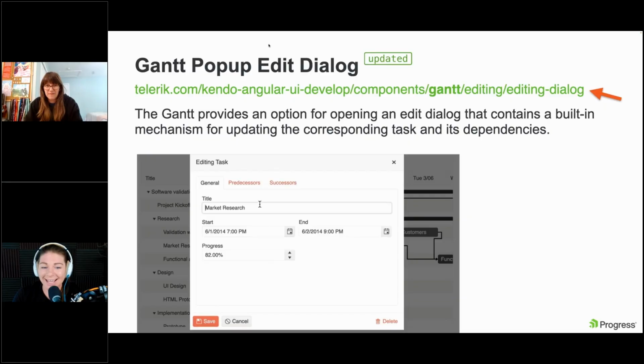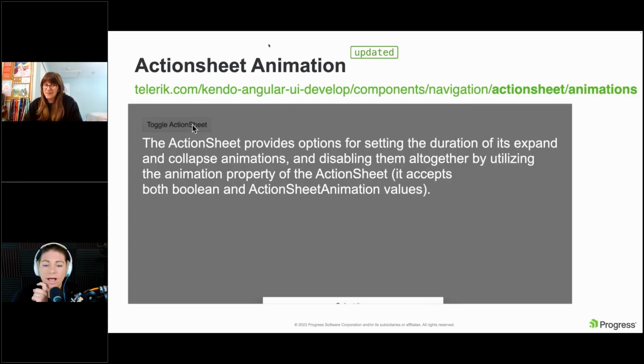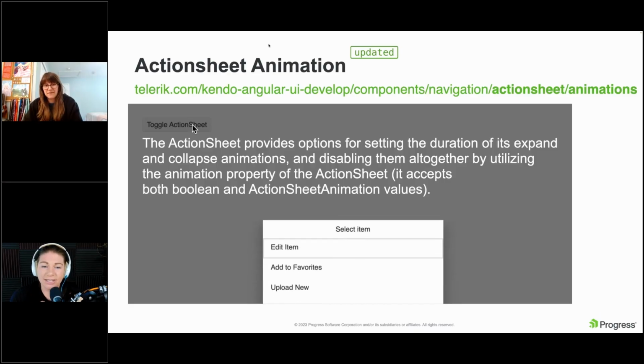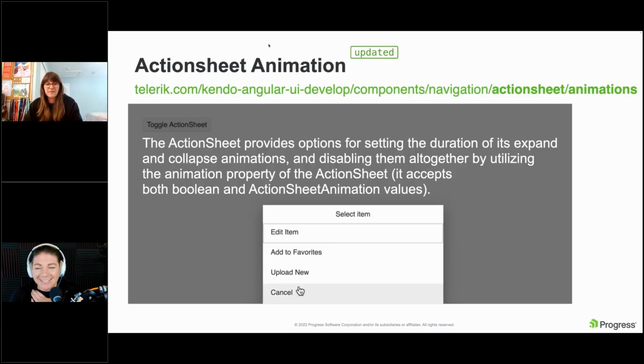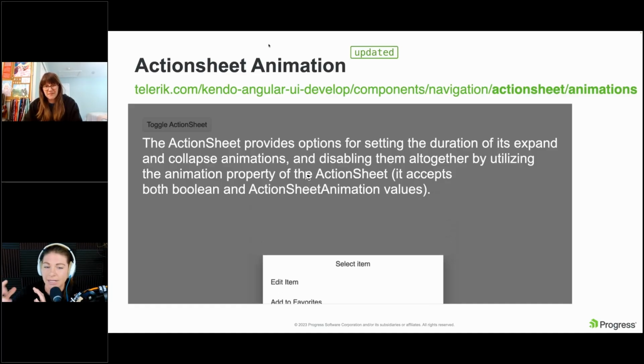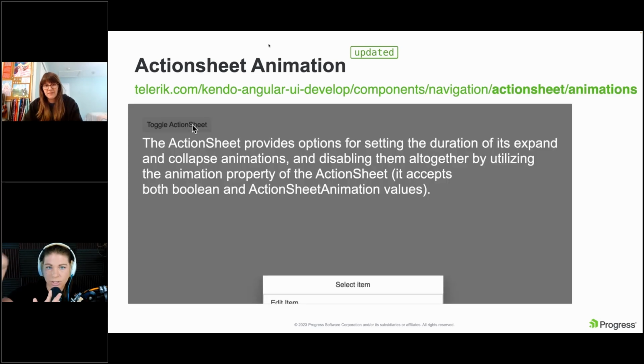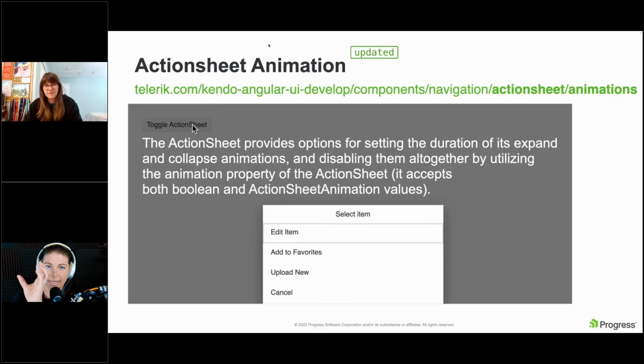Next, the action sheet animation. I think I actually made a GIF movie. There we go. So this is very exaggerated, as you can tell, but it now provides a way for you to set an animation whenever it is opening or collapsing. And actually, I tested it, and if you click out of it, on the gray area, while it's slowly sliding down, it'll quickly end the animation.